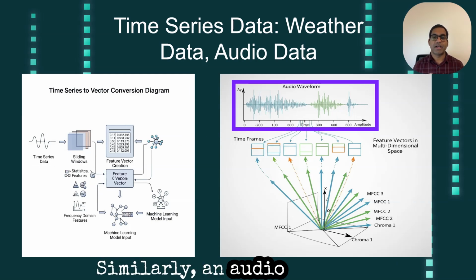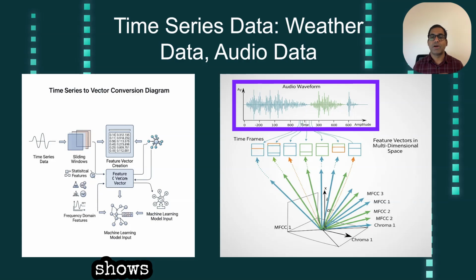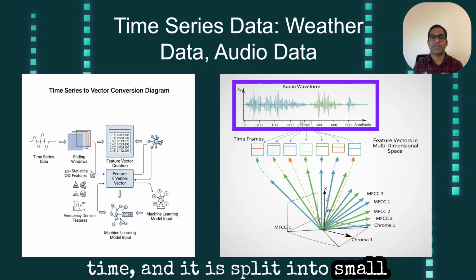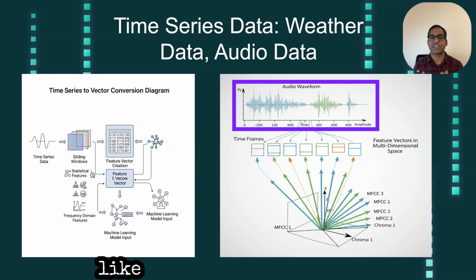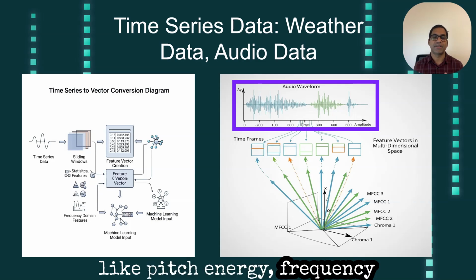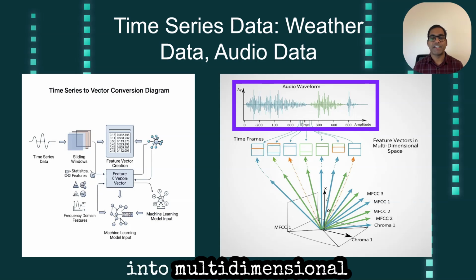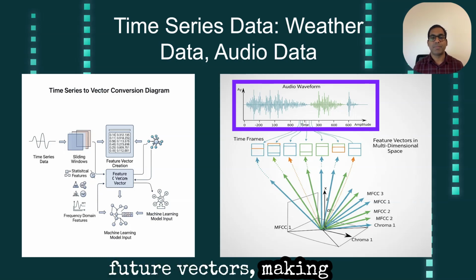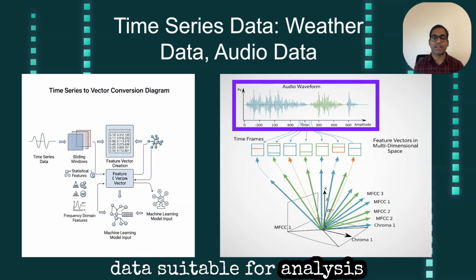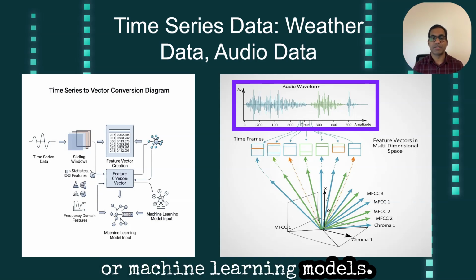Similarly, an audio waveform shows how sound changes over time, and it is split into small frames to extract features like pitch, energy, frequency content. These frames' voice measurements are combined into multi-dimensional feature vectors, making the data suitable for analysis or machine learning models.